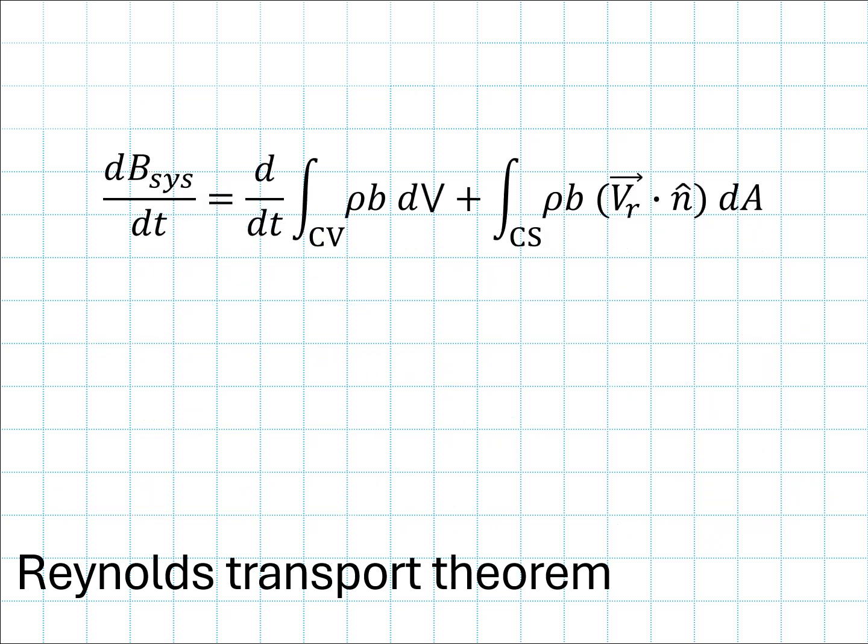Now, let's take a look up here at this term. This always causes some questions. First of all, what is this little r on our velocity? The r means that we are concerned with the velocity of the fluid moving relative to the control surface.